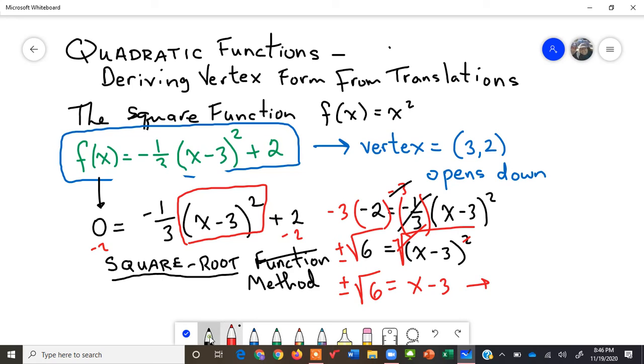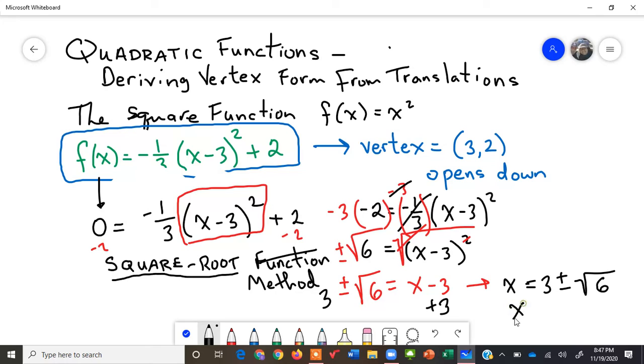And finally, we solve for x by adding 3 to both sides. So we see that x equals 3 plus or minus the square root of 6. If we want to think in terms of decimal approximations from my calculator, I can find that the square root of 6 is approximately 2.45 to 2 decimal places.